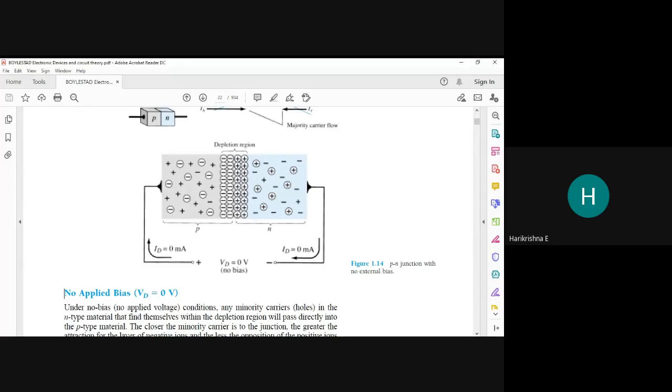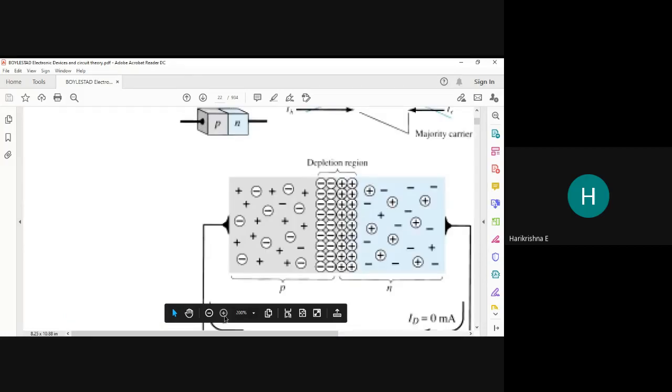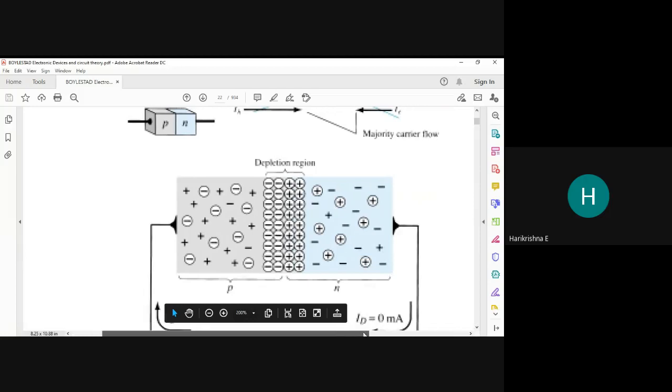Okay. So, continuation to the previous class. When no voltage is applied to the circuit, the current will be zero.